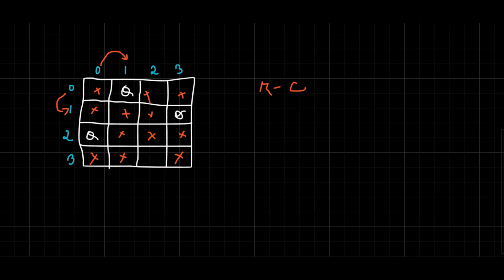Now, for the fourth queen, we have only one place remaining, which is this. And by placing the fourth queen here, all of these 4 queens cannot attack each other. So this is one possible formation.